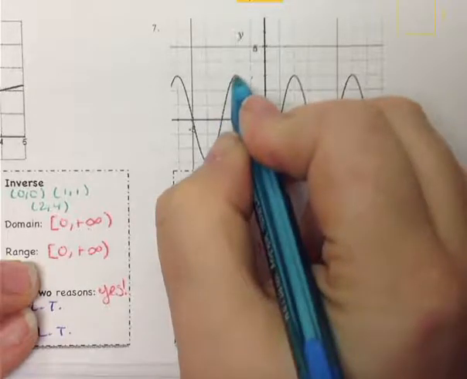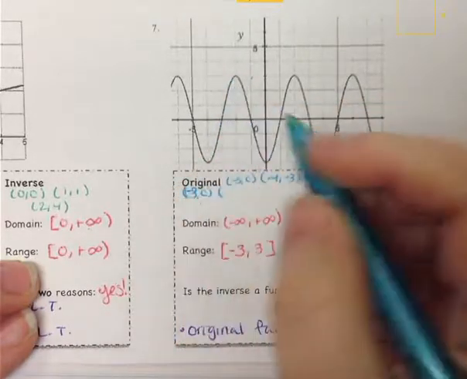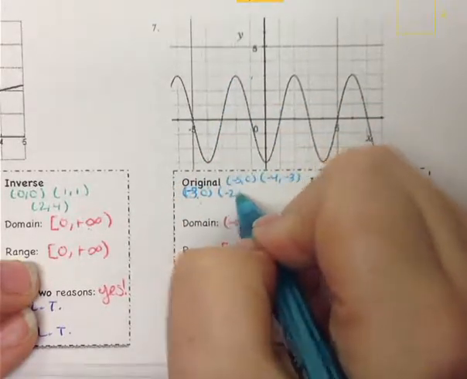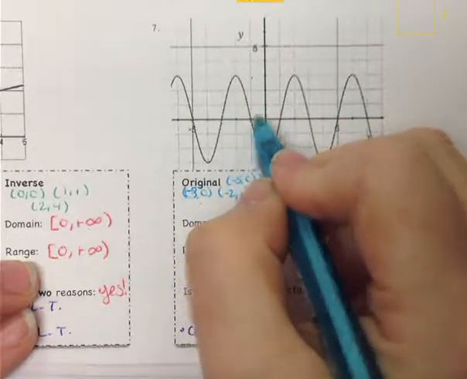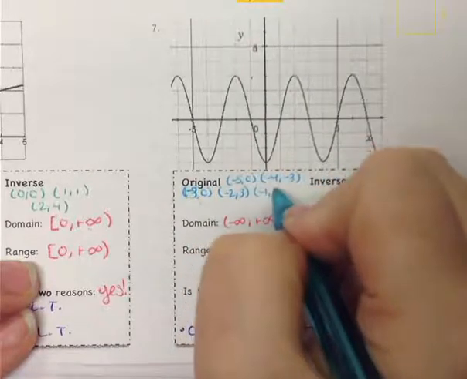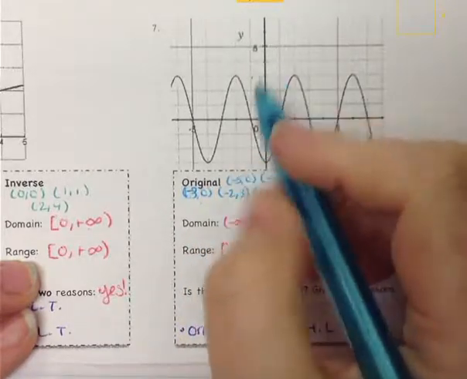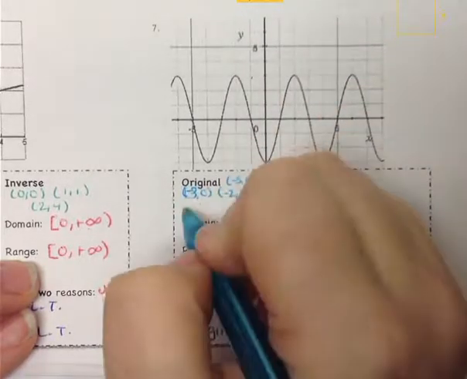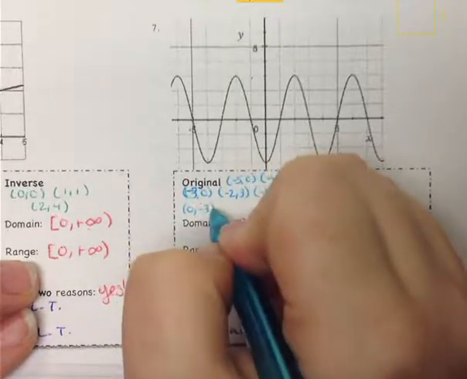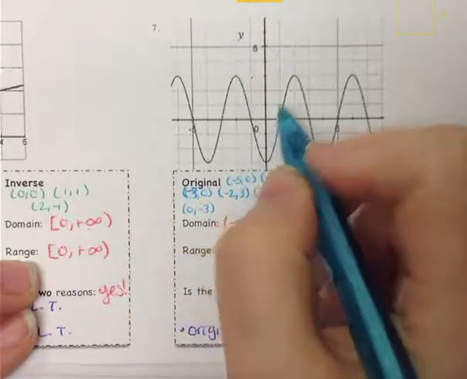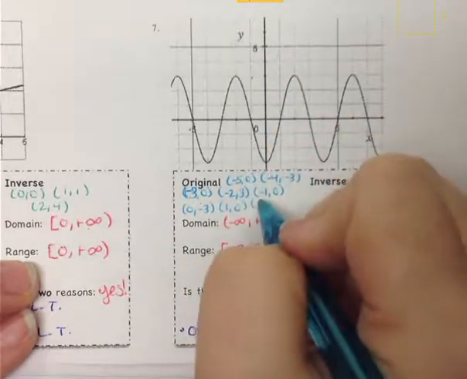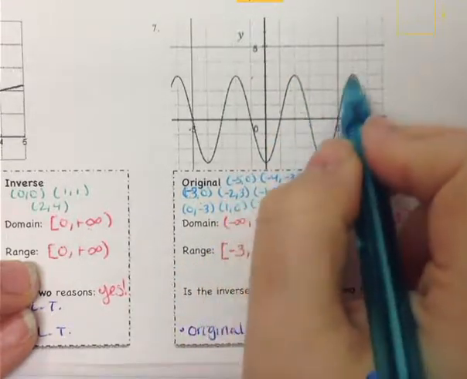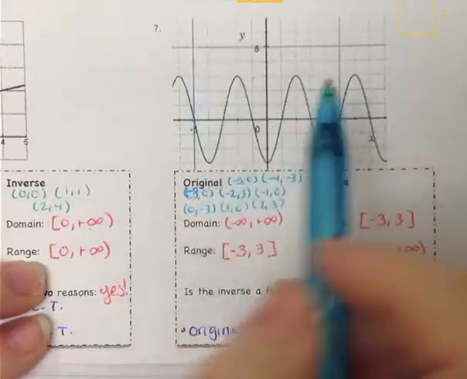Then we have it at -2, 3. Another one would be at -1, 0. Then at 0, -3. 1, 0. And then 2, 3.